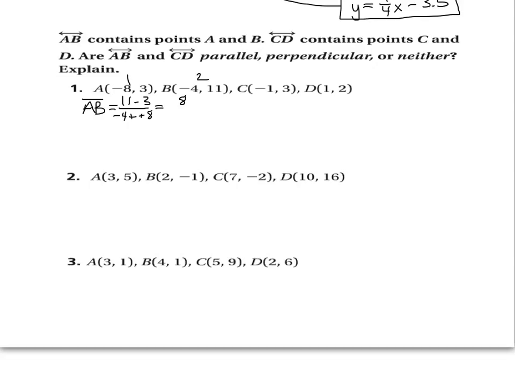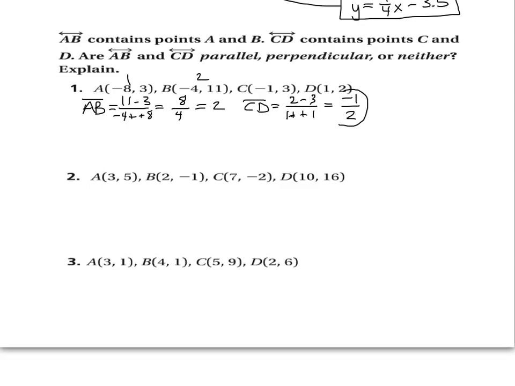This becomes positive, that's 4. 8 divided by 4 is 2. So the slope of line AB is 2. Slope of line CD. I'm going to take 2 minus 3 over 1 minus negative 1, which 2 minus 3 is negative 1. These two both become positive, and that's 2.